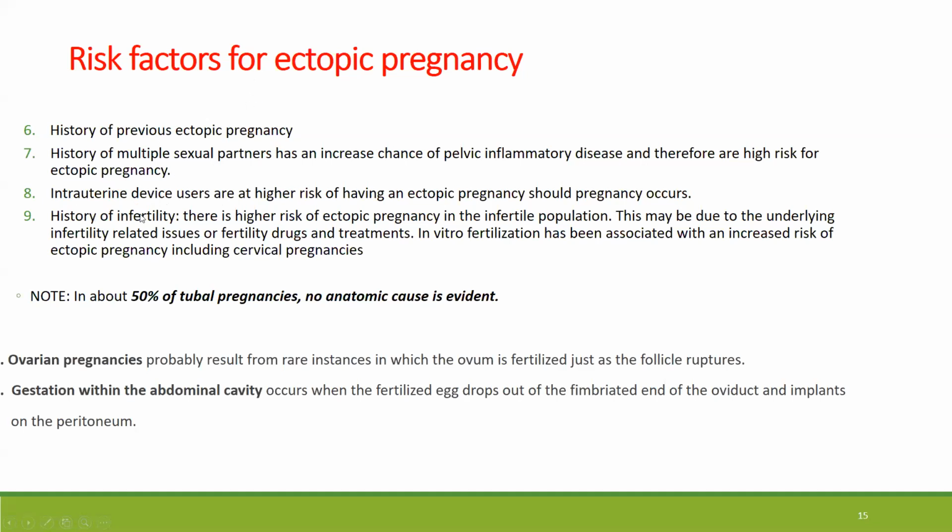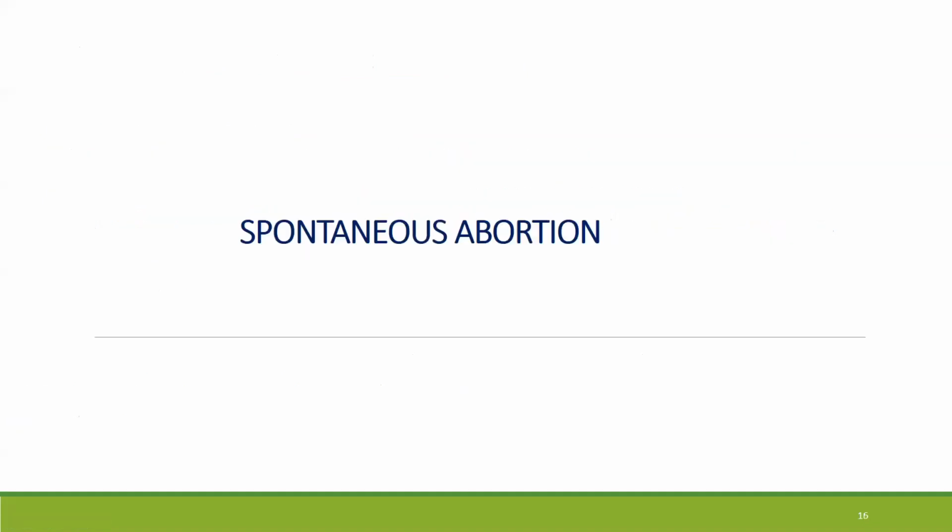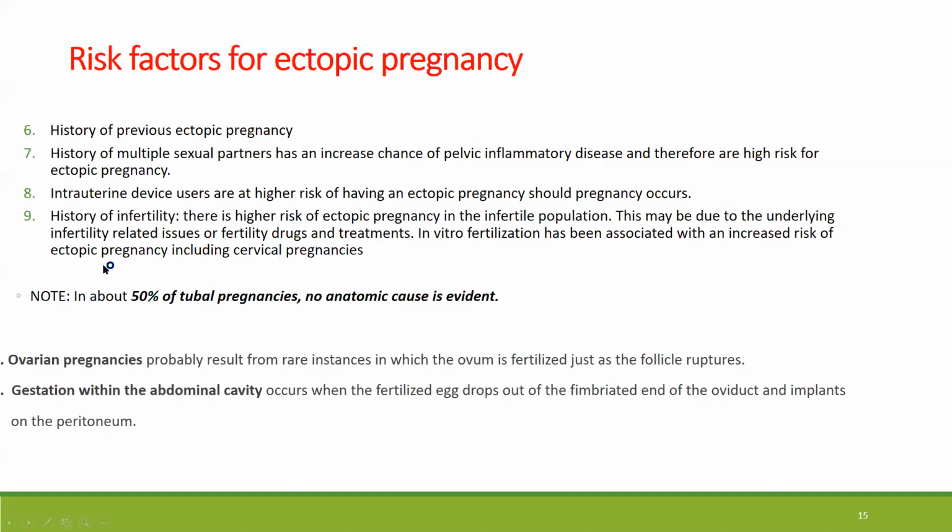So all of these are risk factors of ectopic pregnancy. Just remember, in 50% of tubal ectopic pregnancies, we don't see any previous risk factor. The cause is unknown, just an ectopic pregnancy with no previous risk factor.